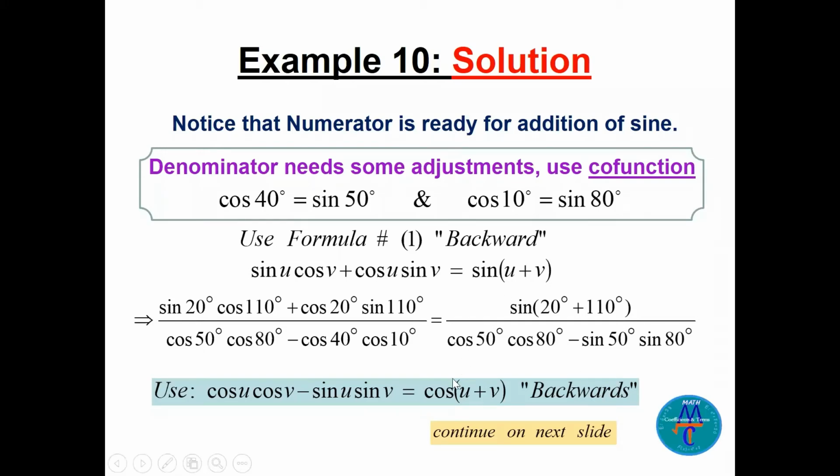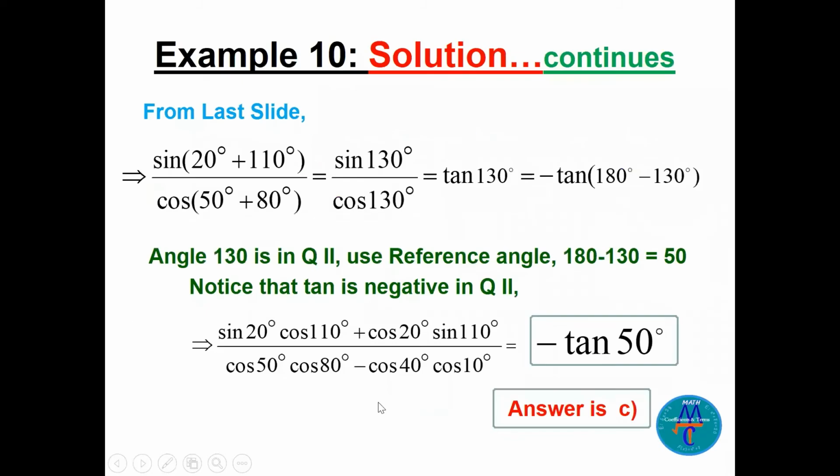Then I can use the formula for cosine of u plus v backwards. So let's continue on the next slide. So we see sine of 20 plus 110 will be sine of 130. And this is cosine of 50 plus 80. It will be cosine 130, so the ratio is tan 130. Now, tan 130 is not in the answers.